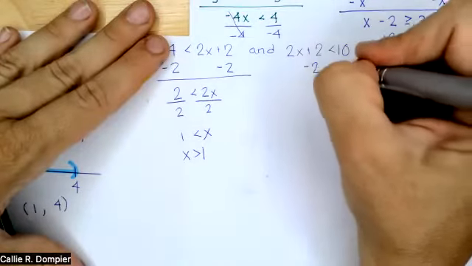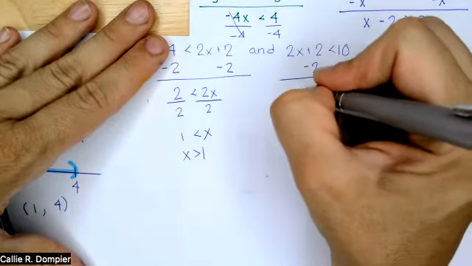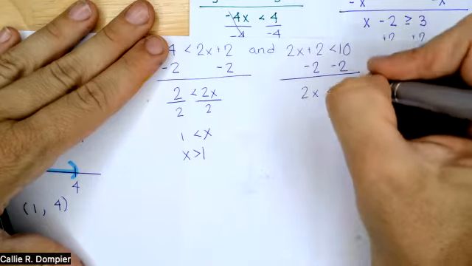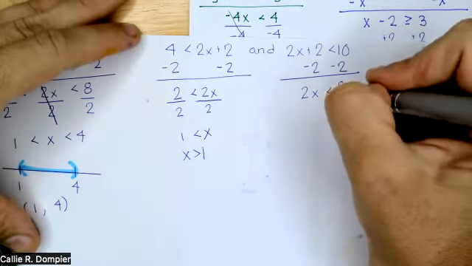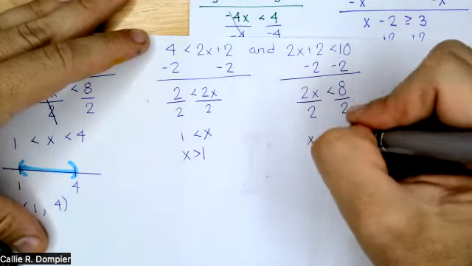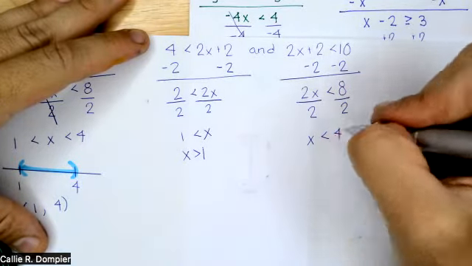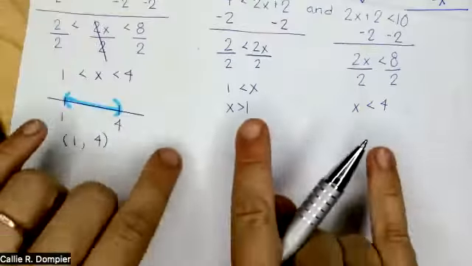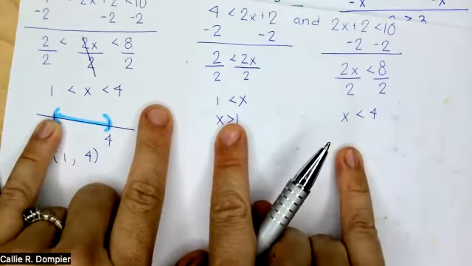Here, subtract 2. 2x is less than 8. Divide by 2. x is less than 4. So same thing if you wanted to separate it out.